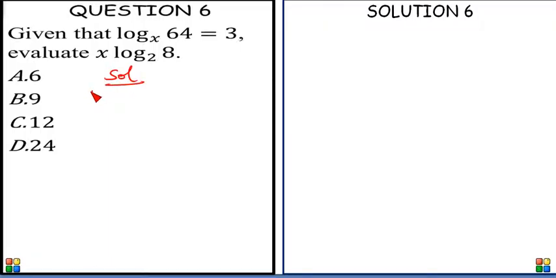Logarithms of 64 to base x is equal to 3. From here, we can decide to write this 3 in logarithmic form also, so that it also has base x. How are we going to do that?